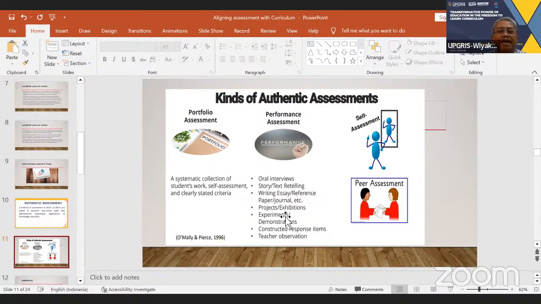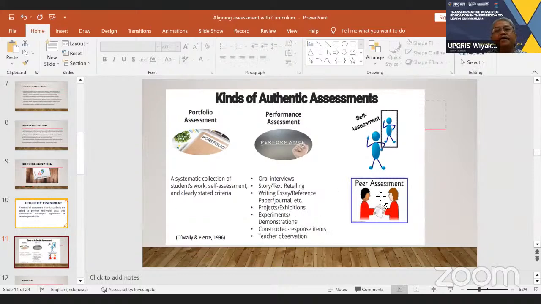This is a good example of a project, the drama performance. Or other activities, then experiments, demonstrations, constructive response items, and observation.